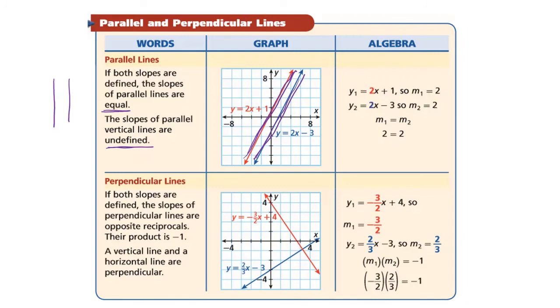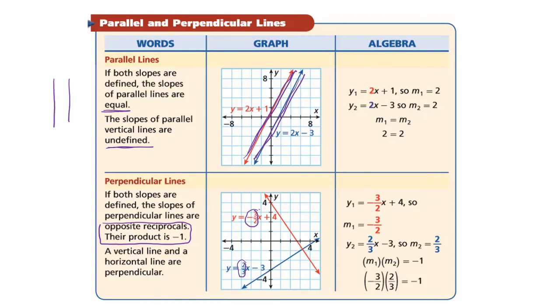The slopes of perpendicular lines are opposite reciprocals. This is something you might want to write down in your notes: opposite reciprocals. So for example, if the slope of this particular line, the red one here, is -3/2, the opposite reciprocal is +2/3.